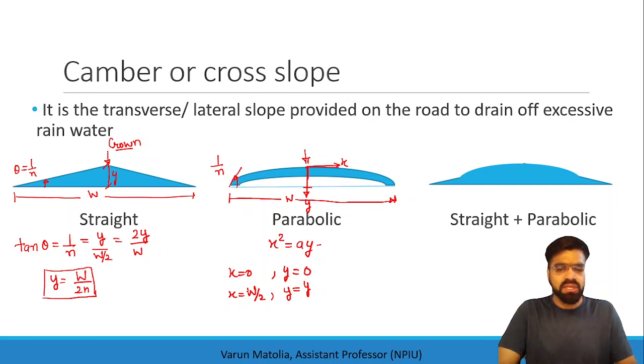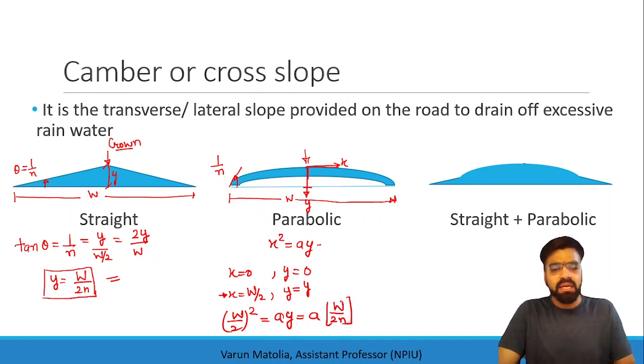So from this equation, if we put the value of the second boundary condition into the equation of the parabola, we'll find that (w/2)² is equal to a·y. The value of y can be taken from here, the straight line camber. y can be replaced with w/2n.